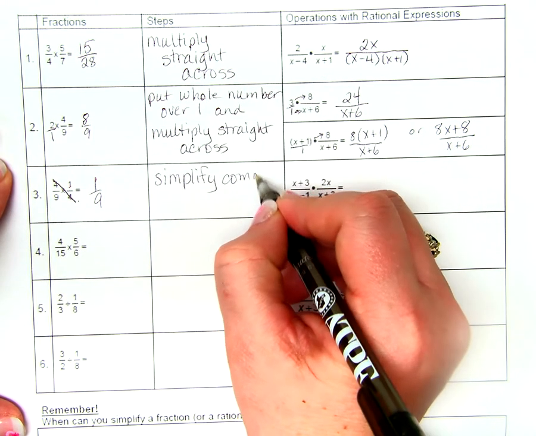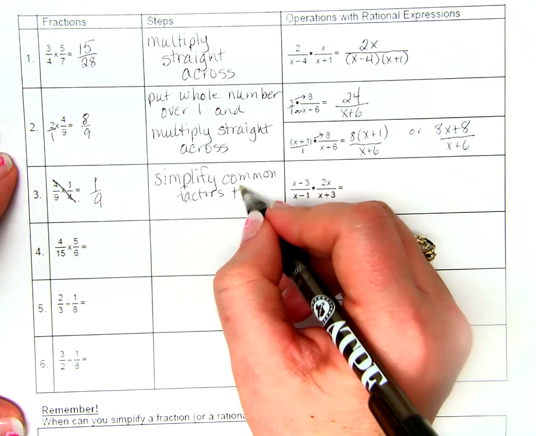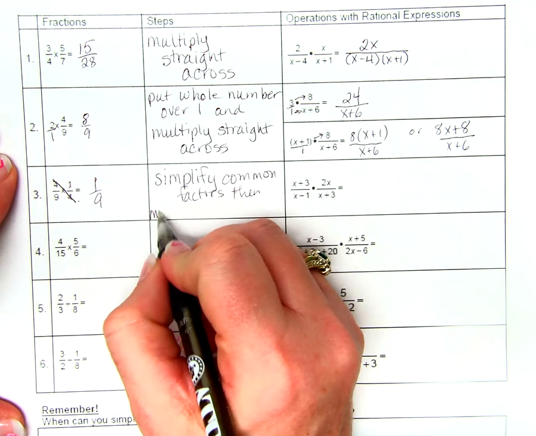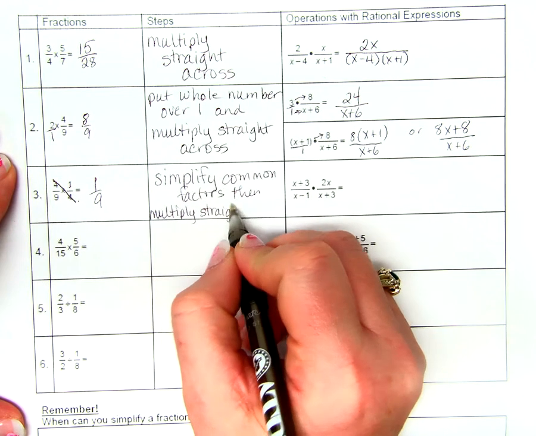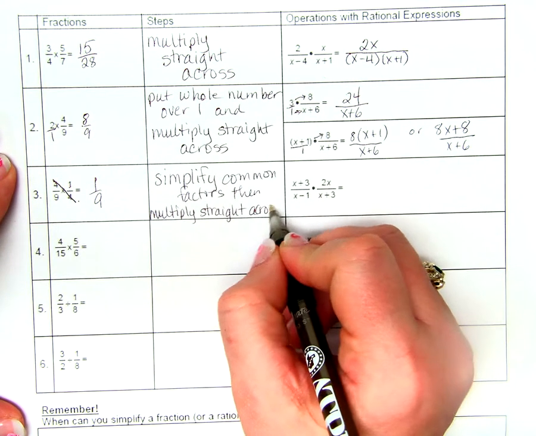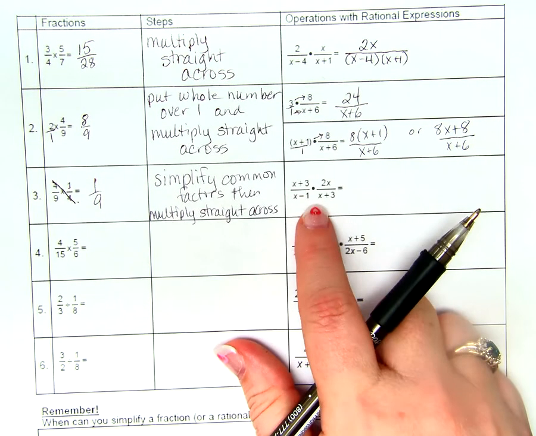Simplify common factors. Then multiply straight across. Does that make sense? Because what can I do here?